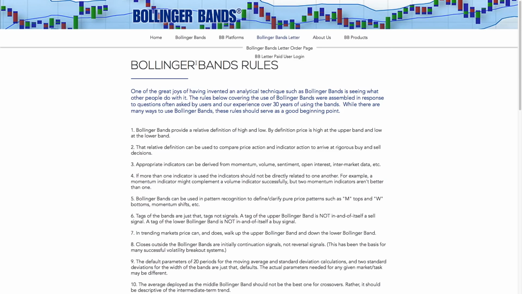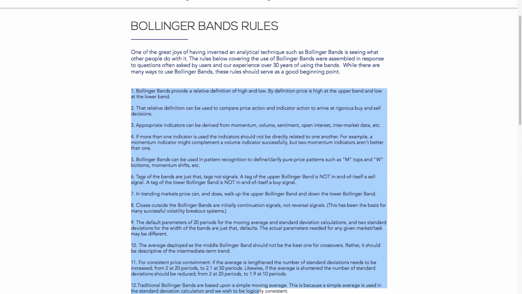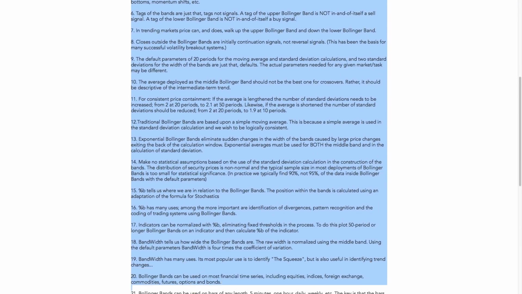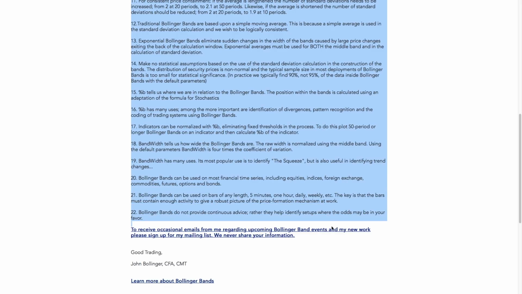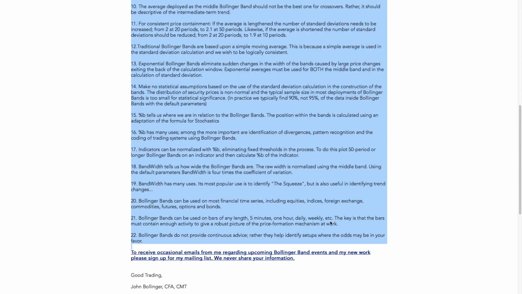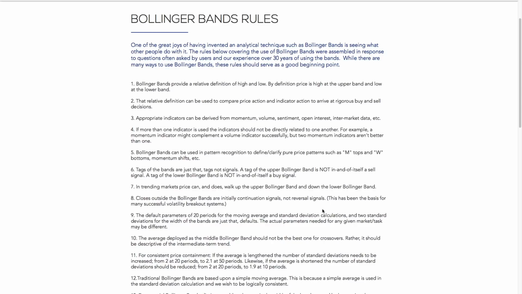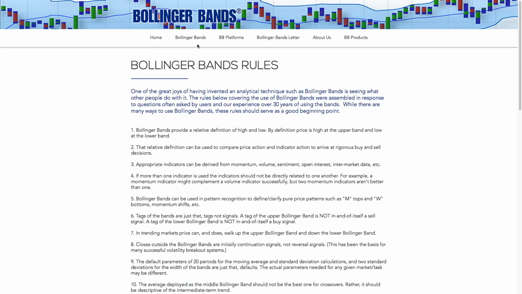But here on John Bollinger's own website called BollingerBands.com, there's this little rules chart that John Bollinger came up with just to kind of keep people in the frame of mind of how to use Bollinger Bands in general, not just the width. So if you come over to BollingerBands.com, it's under this Bollinger Bands menu at the top.